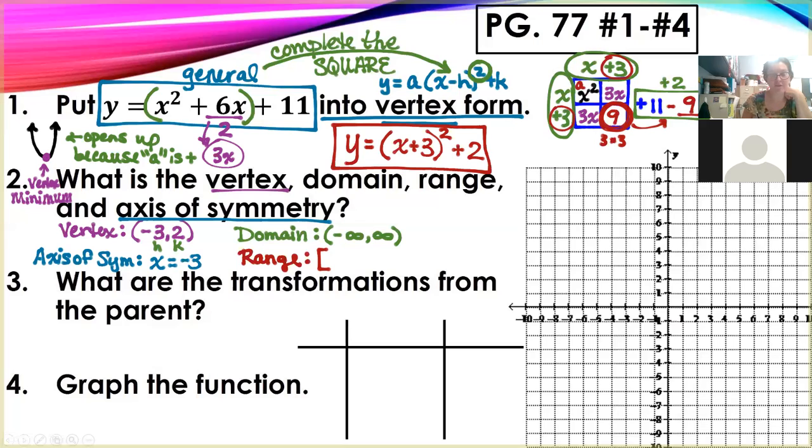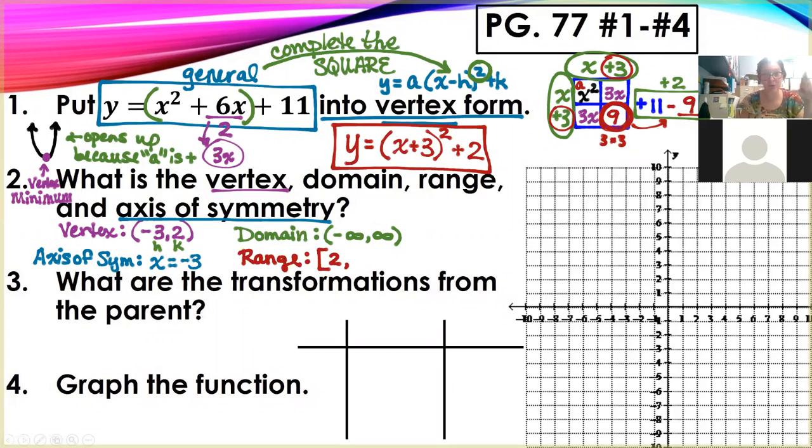What is the Y part of that vertex? Two. That's absolutely correct. Two is the lowest this parabola ever goes.